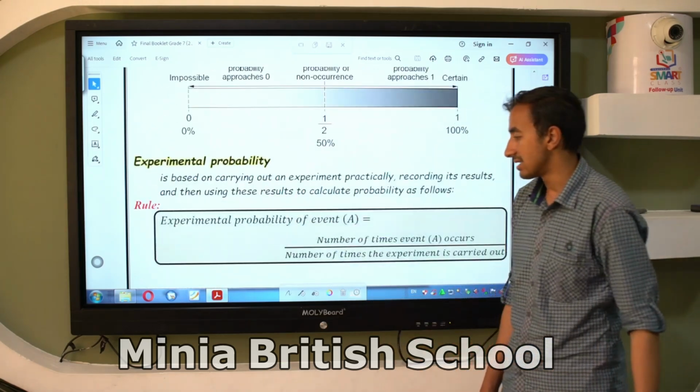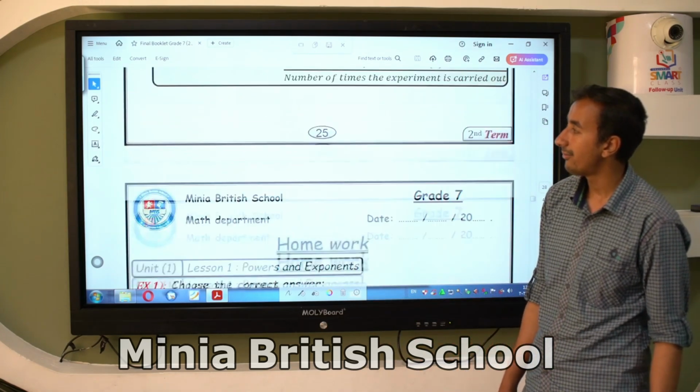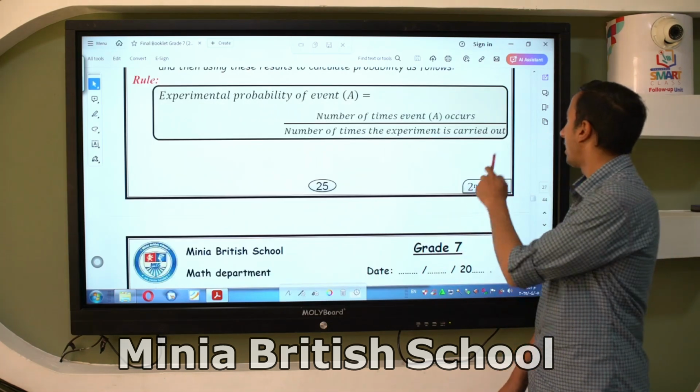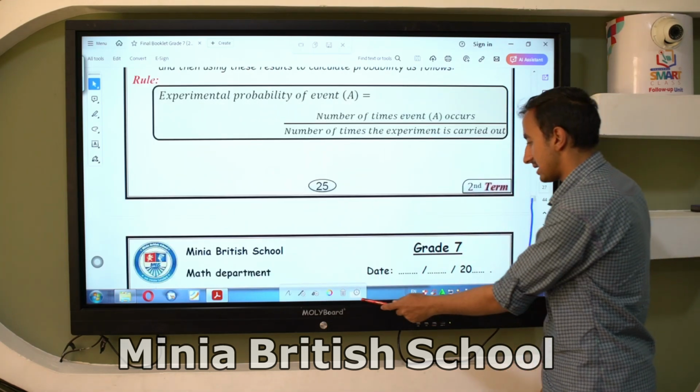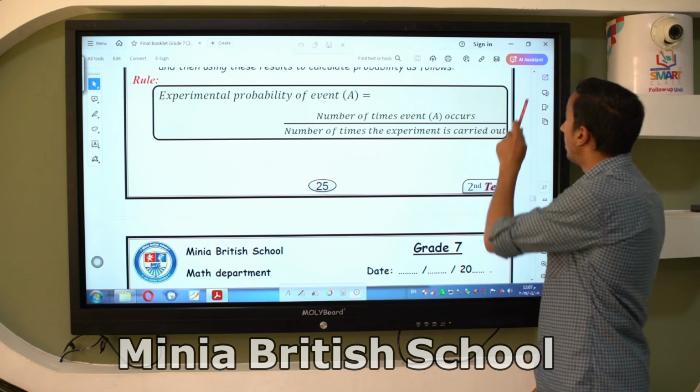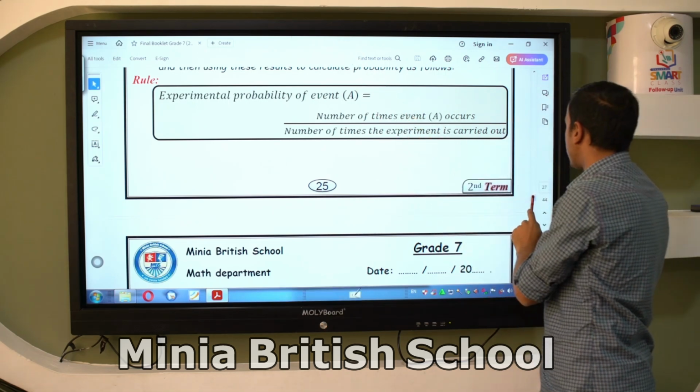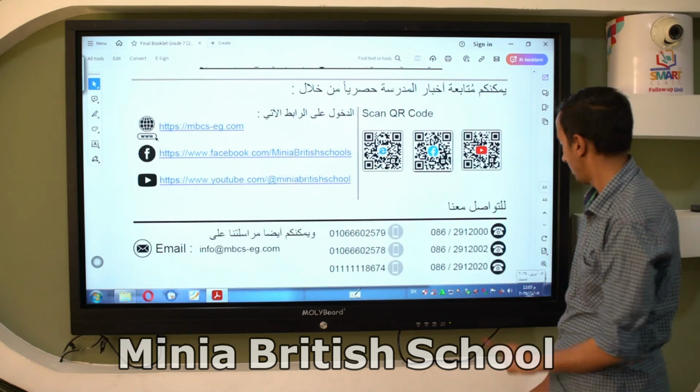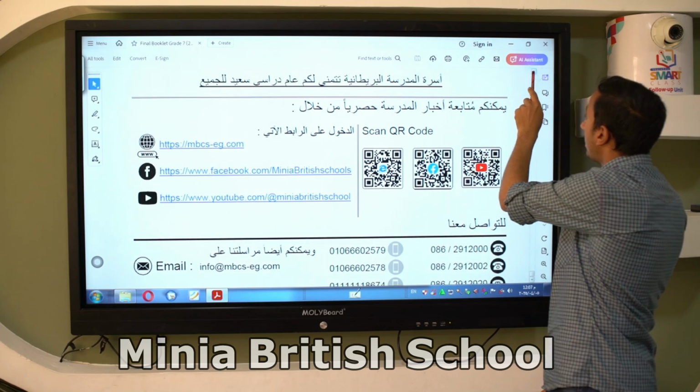As an example, take the last example here from this booklet.